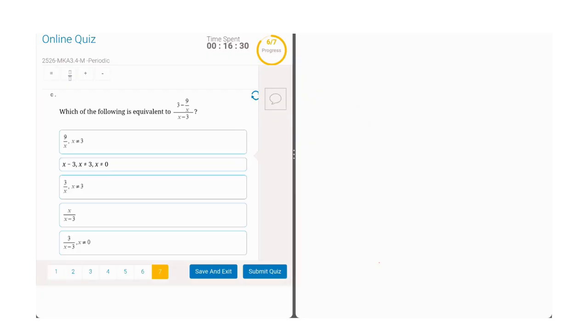We have now, for the last equation, 3 minus 9 over x, all over x minus 3. So we do the common denominator. The common denominator of 1 and x would be just x. So we multiply this by x.